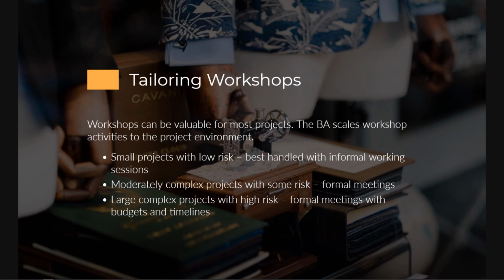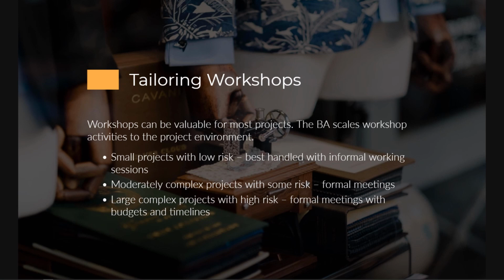If you have a small project with low risk, then that's really better handled with informal working sessions. Moderately complex projects that have some risk are best handled with formal meetings that have predefined deliverables. And large complex projects with high risk should use formal meetings with budgets and timelines for securing stakeholder approval on predefined deliverables.